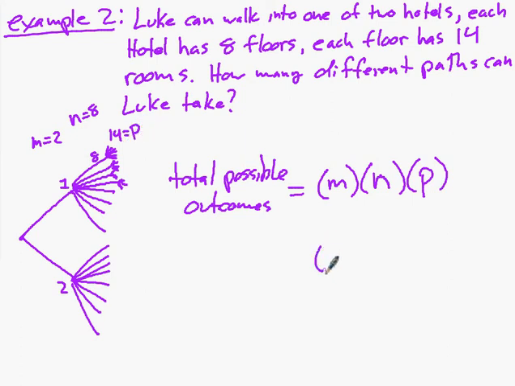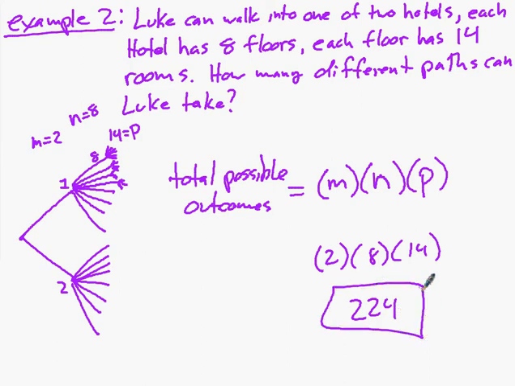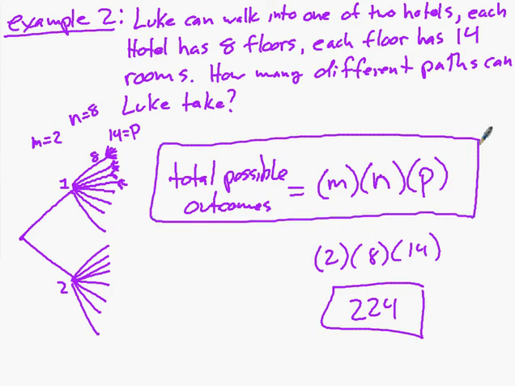You just multiply them together, 2 times 8 times 14, and you get 224 different paths that Luke could take. And again, the total number of outcomes is what's important. When it's non-repetitive events, you're just multiplying them, which really is the same as repetitive events, because like with the dice, you're just multiplying it by itself a certain number of times, so that's an exponent.